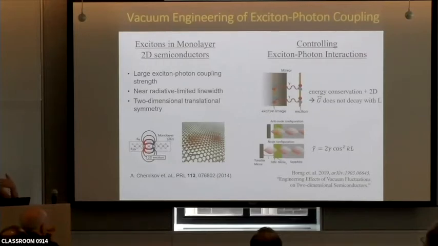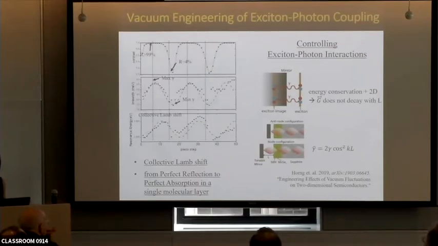As we move the mirror, we change the vacuum field distribution, and that will change the radiative coupling of the system. And what can happen? A lot of interesting, very basic quantum optical phenomena, which are very hard to see in other systems, become very pronounced and easily observable in this system.